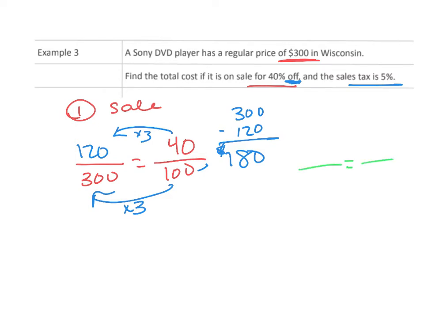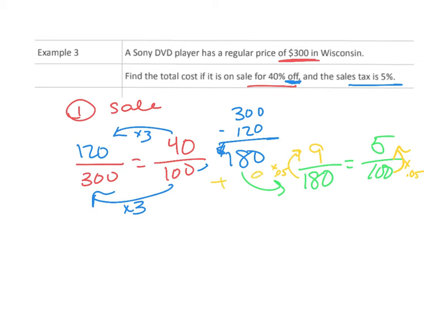But we are not done. Now we're going to do this again with 5% tax, and the 180 is our new original price. So let's see, 100 times 5/100ths or divided by 20, totally up to you. Our tax is $9.